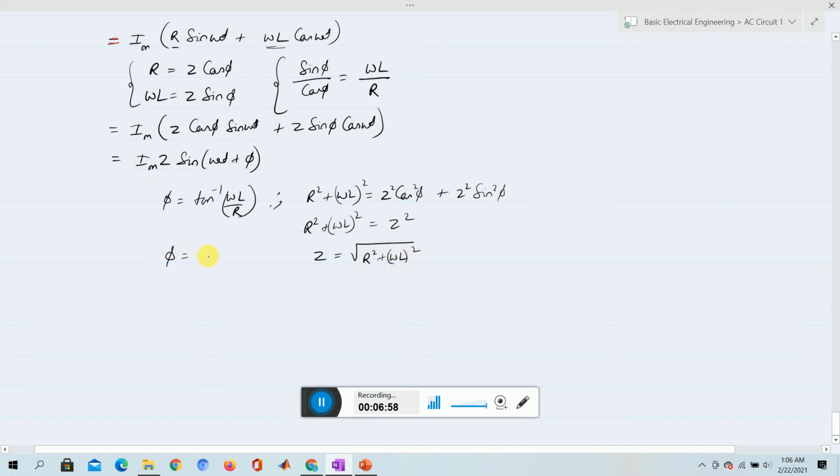So you get the value of phi here and the value of Z here.